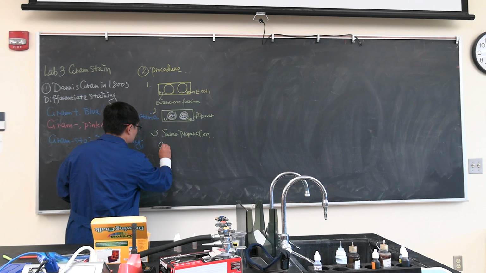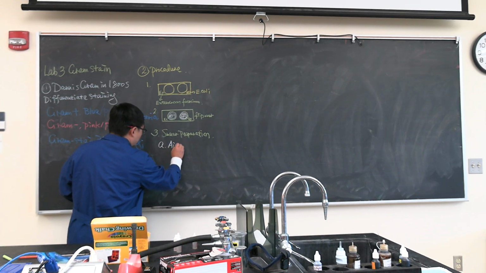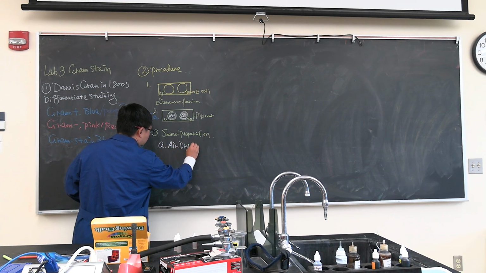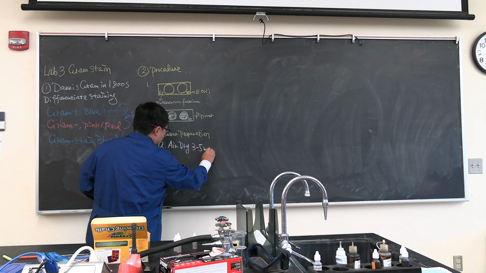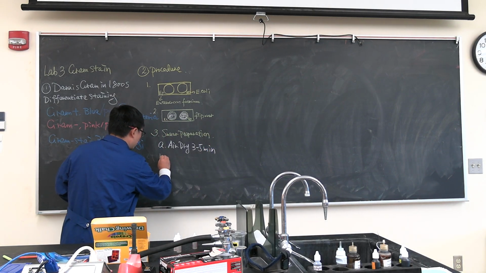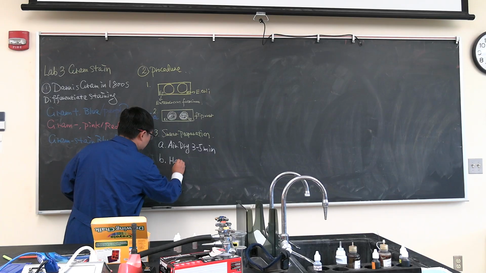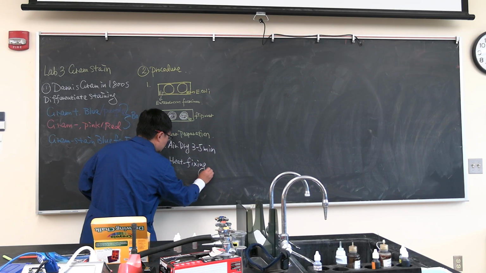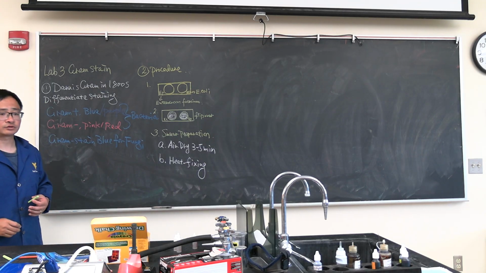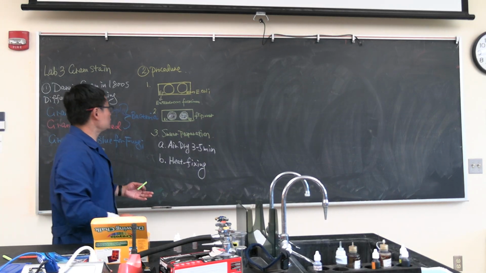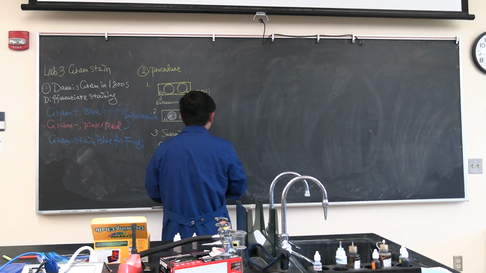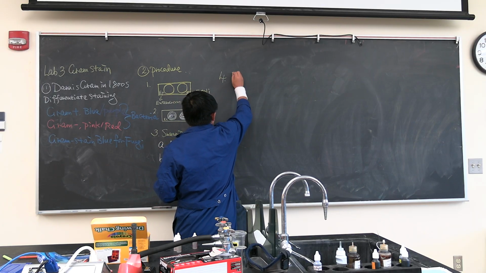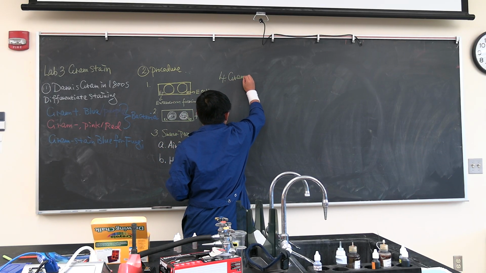We need to air dry for 3 to 5 minutes, followed by heat fixing. This is on the Bunsen burner back and forth. Okay. Once this is finished, we're going to move on to our gram stain.